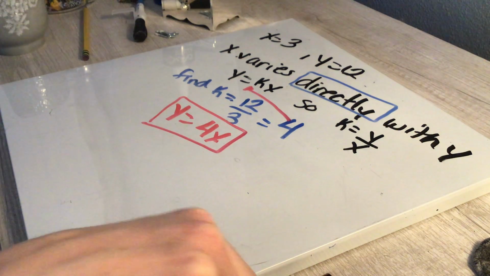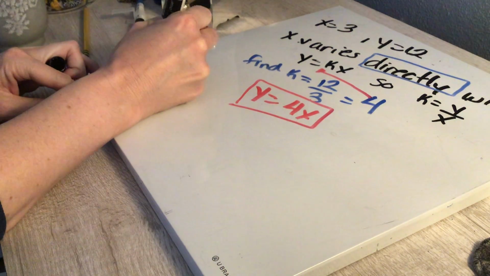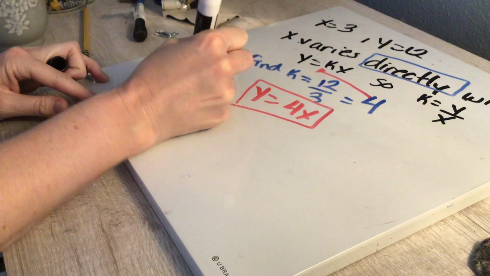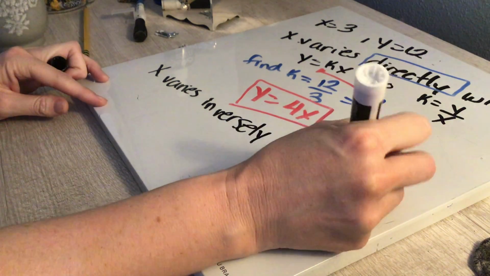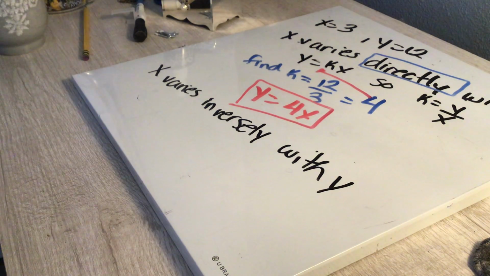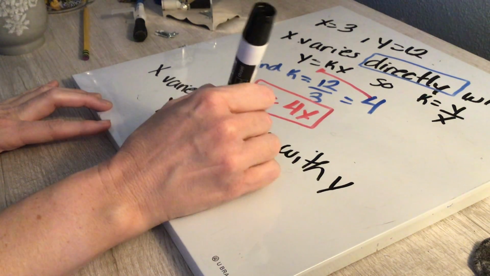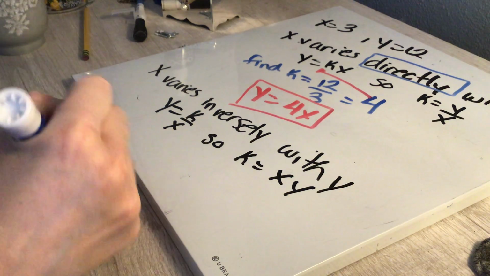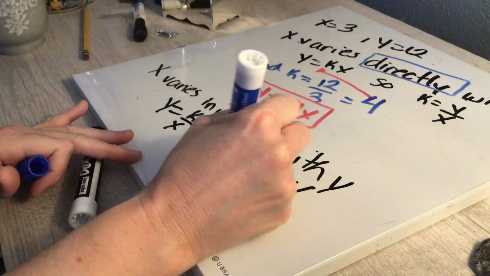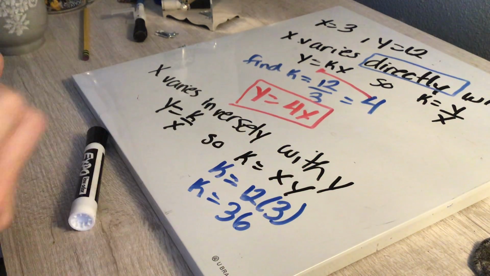We can do the same thing if you know it's inverse variation. Right? So if x varies inversely with y, then you know y equals k over x, so k equals x times y. So again, we're going to find k first. So k equals 12 times 3, which is 36.